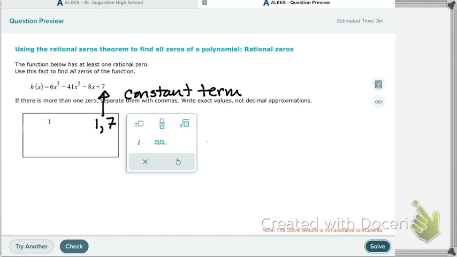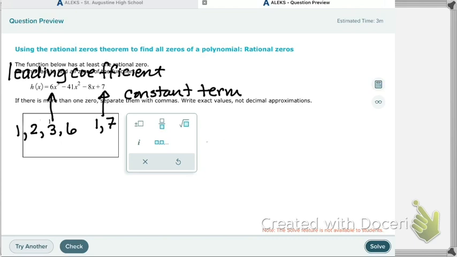And I look at all of the factors of the leading coefficient. Well, what are the factors of 6? 1, 2, 3, and 6.